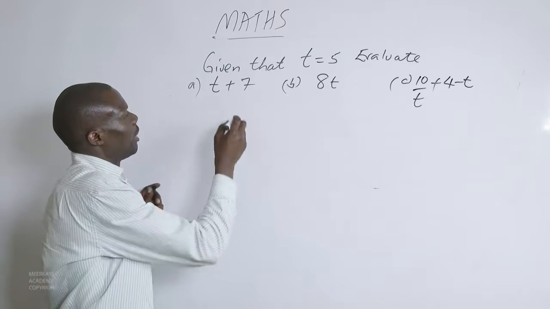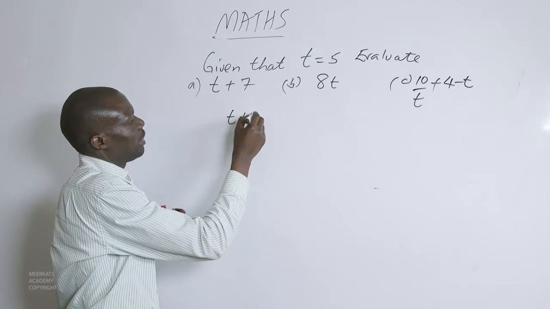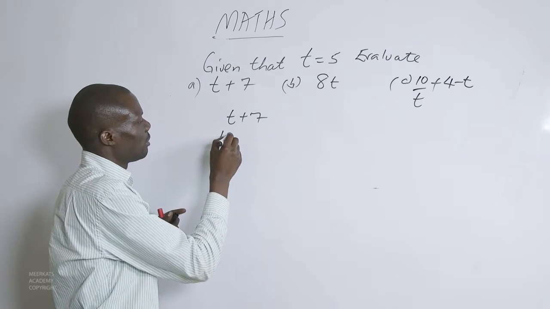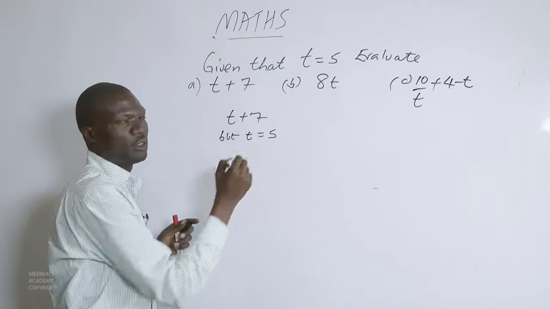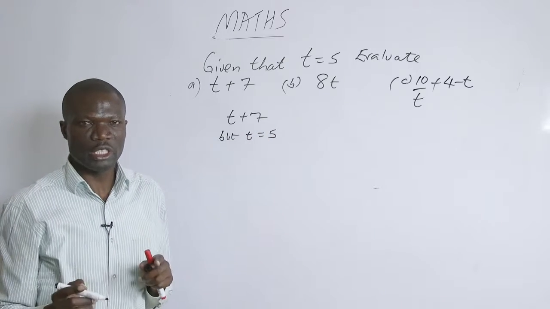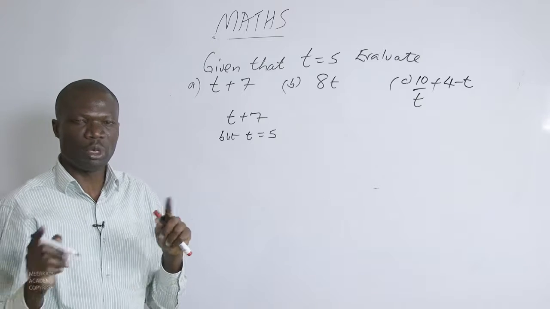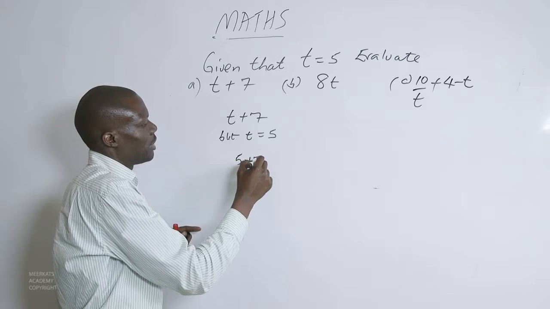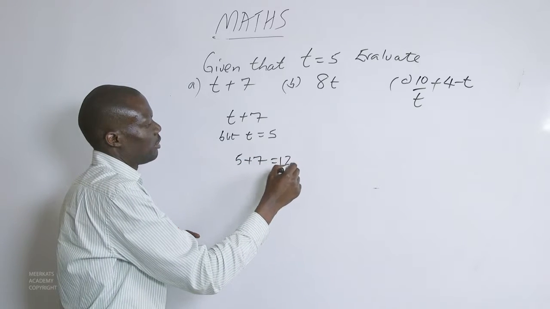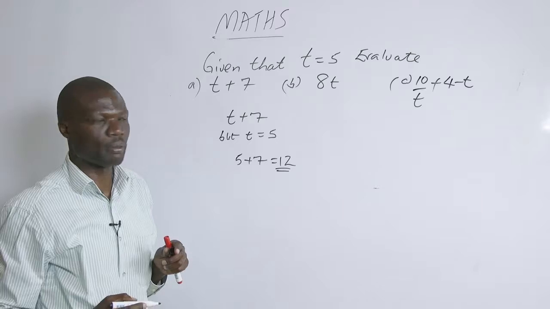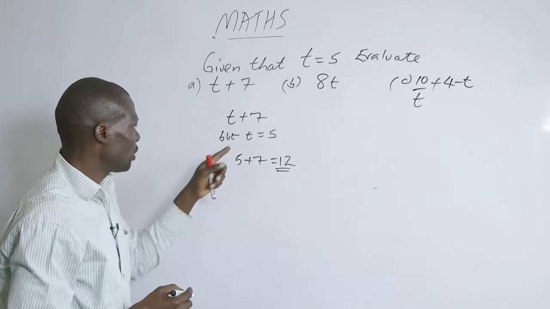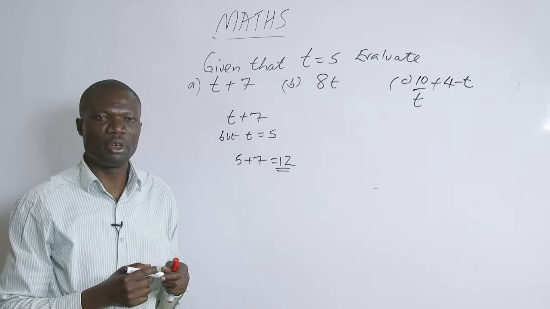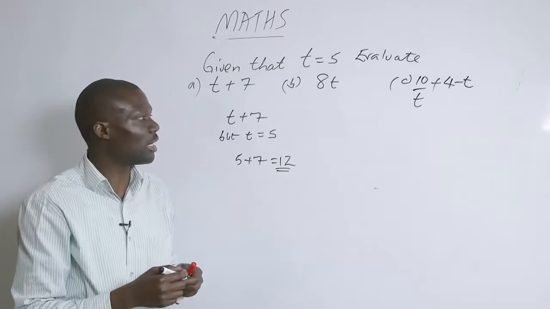So t plus 7 is an expression, but t is equal to 5, which means in place of t, we shall put a 5. So we shall have 5 plus 7, which gives us 12. We no longer have t, but instead we have 5. This is a normal problem that we can simply work out. We add and we get its answer.